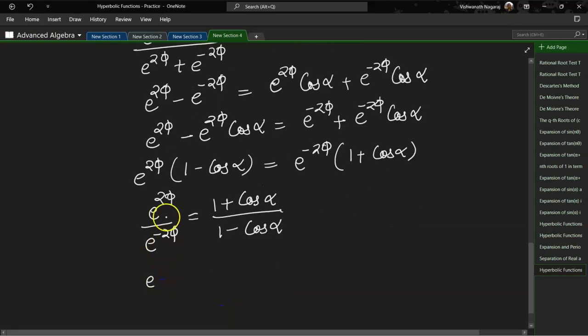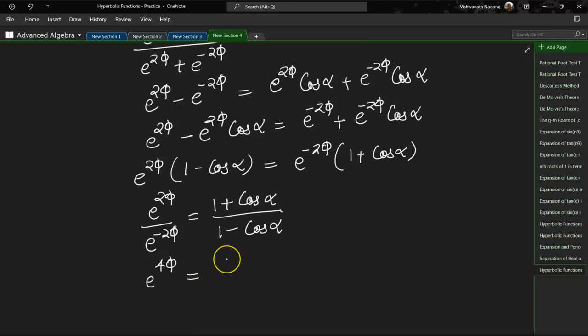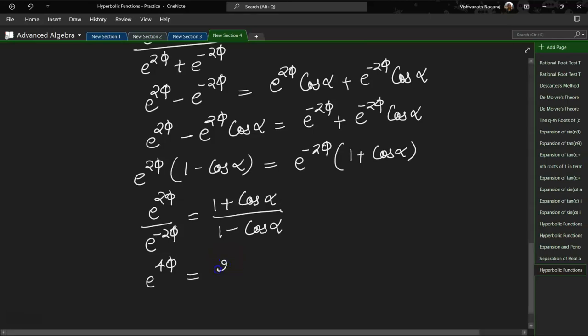Now if I take the denominator to the top, it becomes plus, so 2 phi plus 2 phi, 4 phi is equal to, now we need to remember the identities. So 1 plus cos alpha is 2 cos square alpha by 2, and 1 minus cos alpha is 2 sin square alpha by 2.